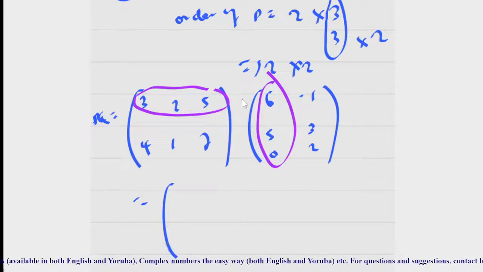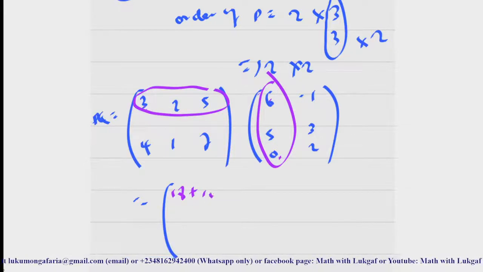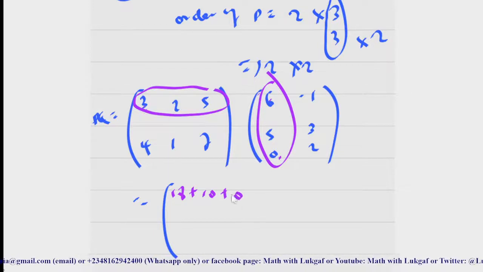If you want to multiply a row by a column, you just multiply the first of this and the first of this together, plus the second of this times the second of this, plus the third of this times the third of this. Let us take the first element. That's 3 times 6, 18, plus 2 times 5, 10, then plus 5 times 0, 0.